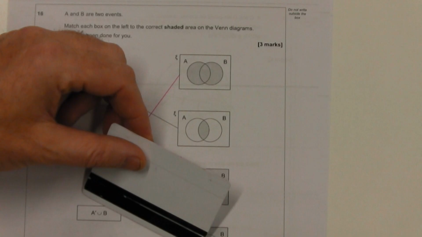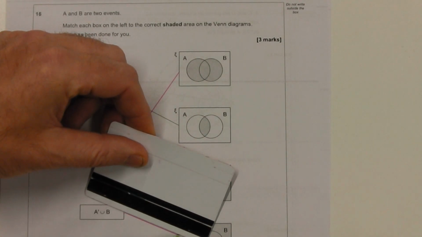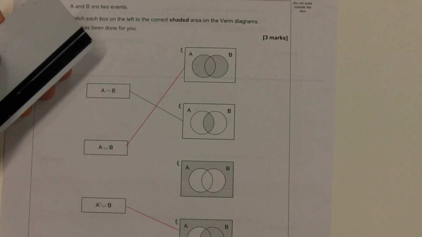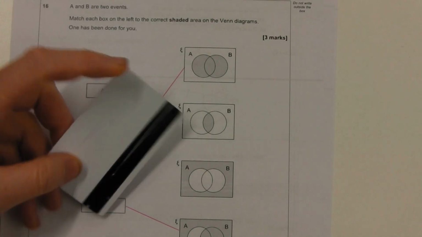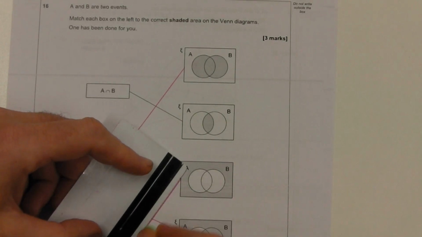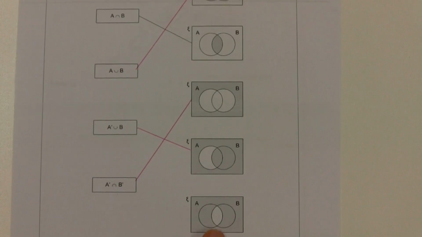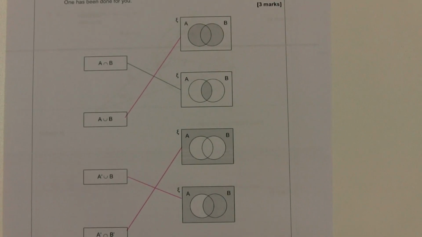That one will drop down to here. And then this is basically everything but the union of A and B. So this one comes up to here. And this last one is not used. That's the bobby in the pack.